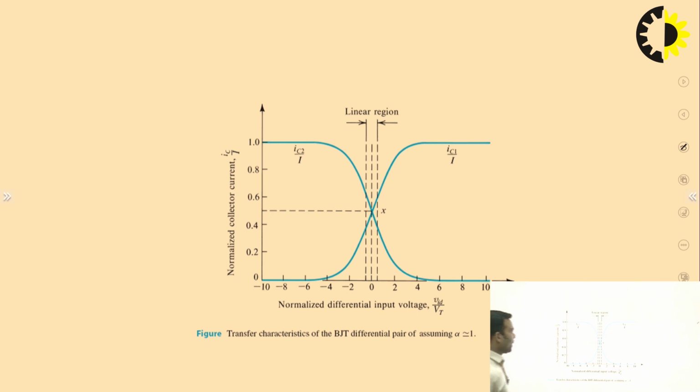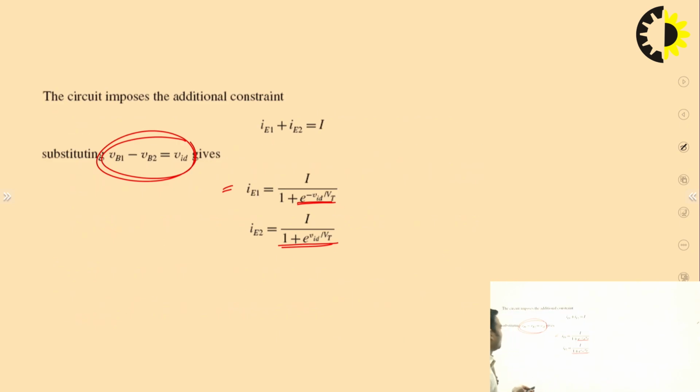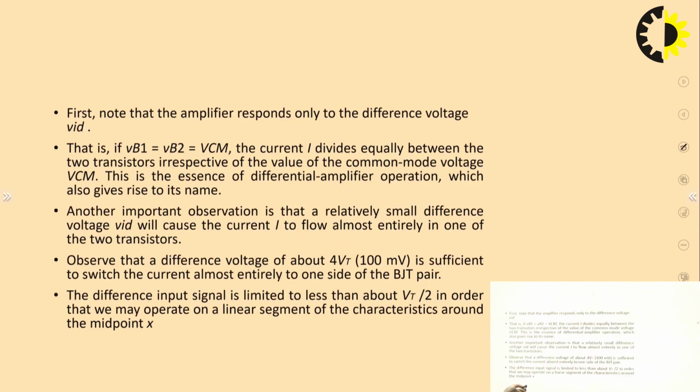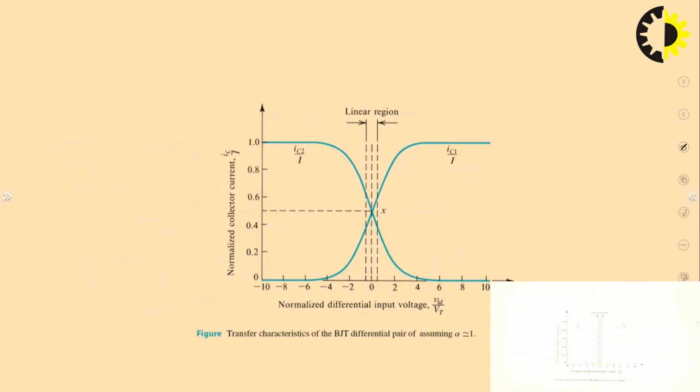So, if you plot the graph for IC1 and IC2, you know IC and IE are related, IC is equal to alpha IE. The graph which you will get will be like this.